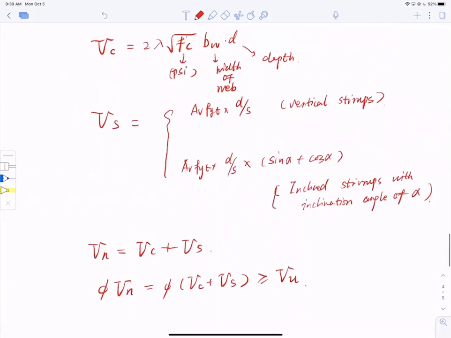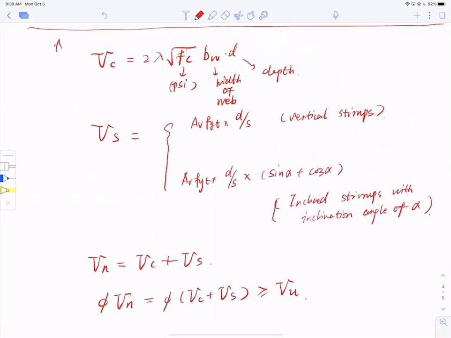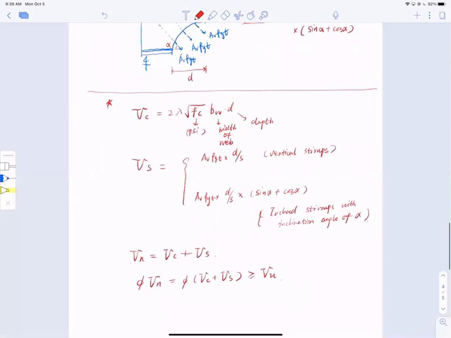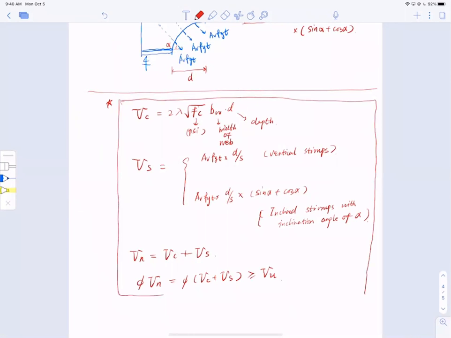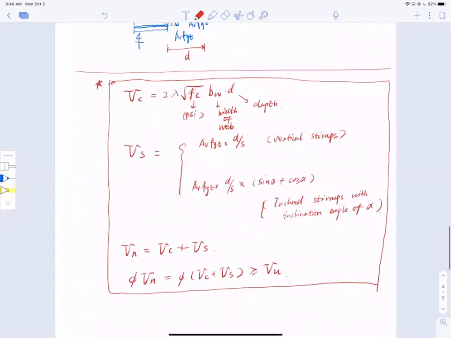Now all these, let me just circle it out. This is the essence of shear design. In other words, these equations are the only equations you need to remember for the shear design.